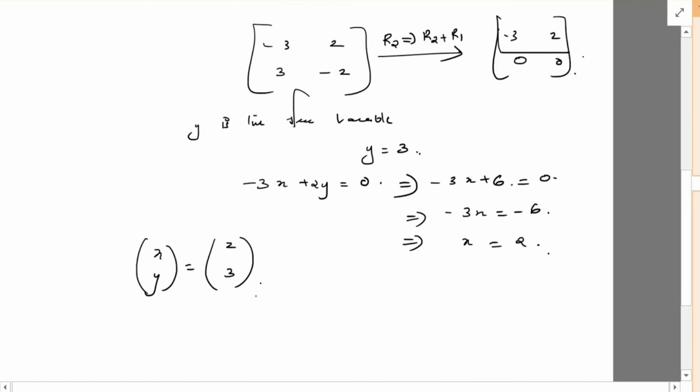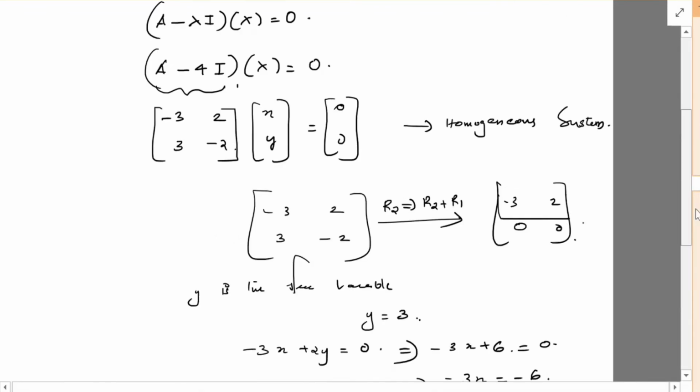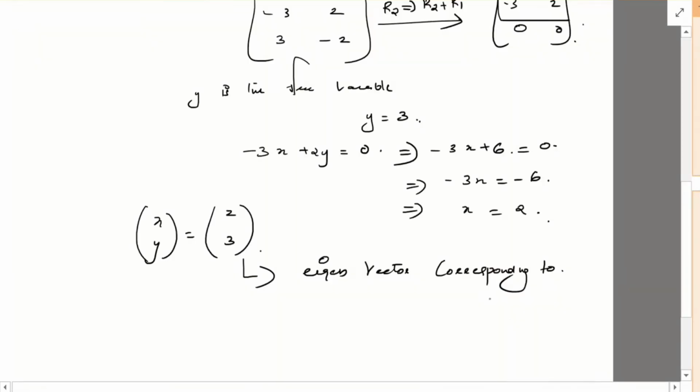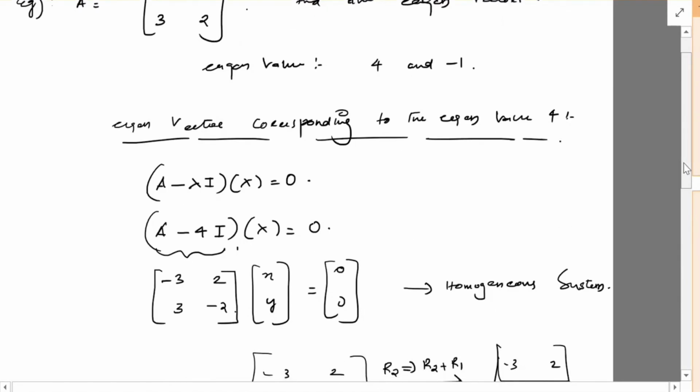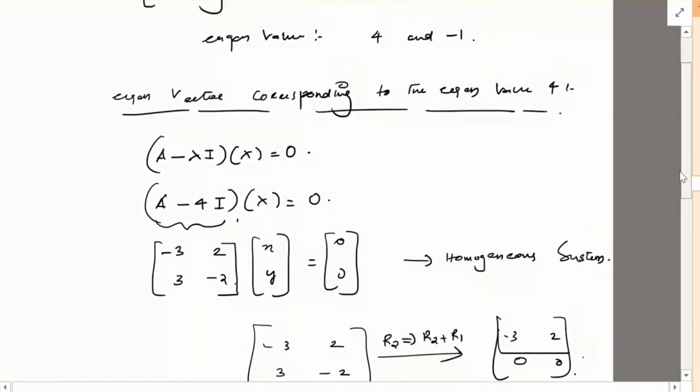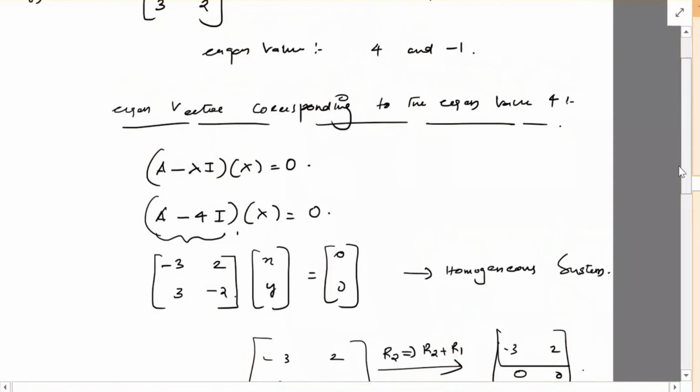That is a vector which will be an eigenvector corresponding to the eigenvalue. Which eigenvalue? Lambda equal to 4. So that is an eigenvector corresponding to the eigenvalue 4.